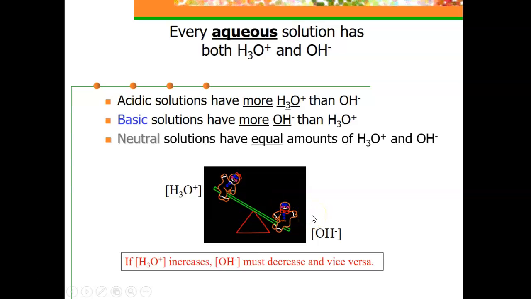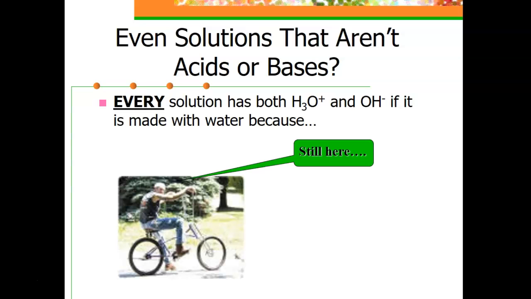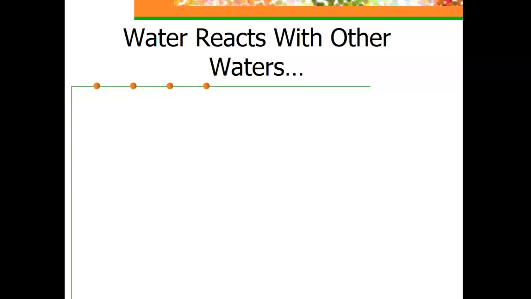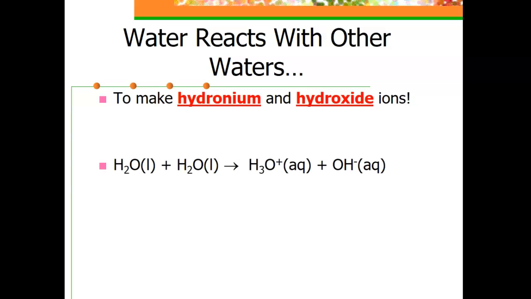And if I have equal amounts, I'm considered neutral. So it says even solutions that aren't acids and bases, yes, every solution will have hydronium and hydroxide in it if it's made with water. Okay? So water reacts with other water. It makes hydronium and hydroxide ions in solution. Here's water reacting with water to make hydronium and hydroxide ions in solution.